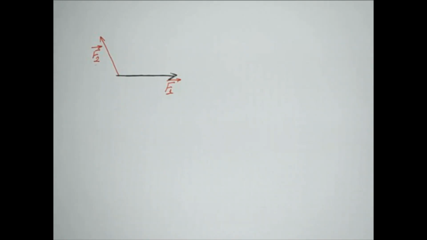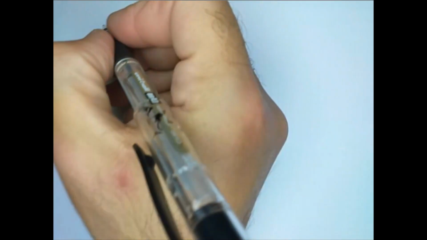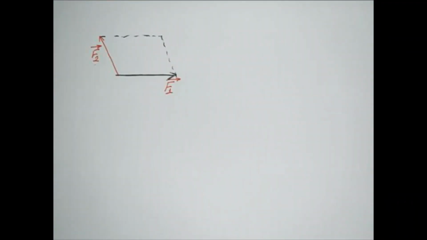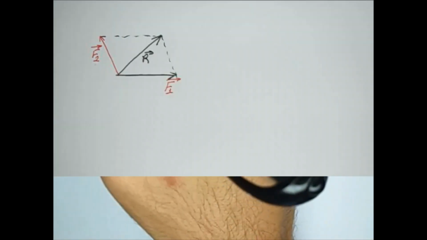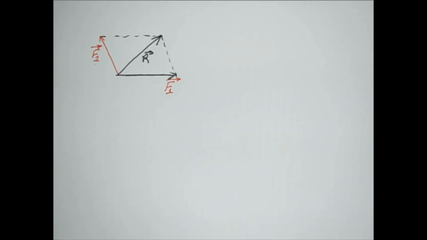Then I will draw the resultant vector as R. Now it is like this: the resultant vector has to be the sum of F1 plus F2.